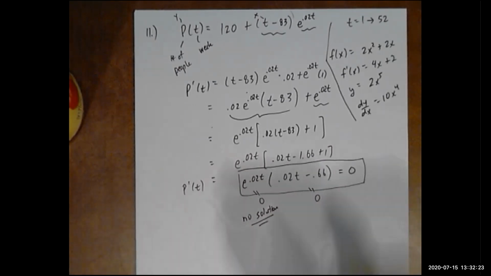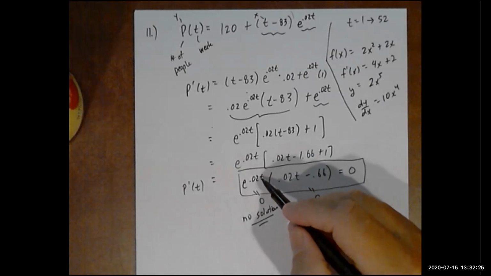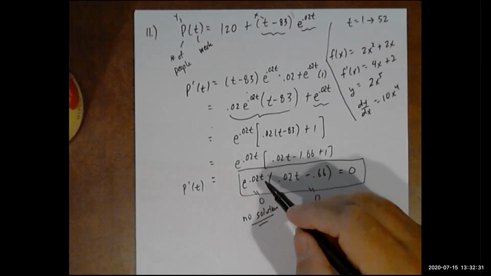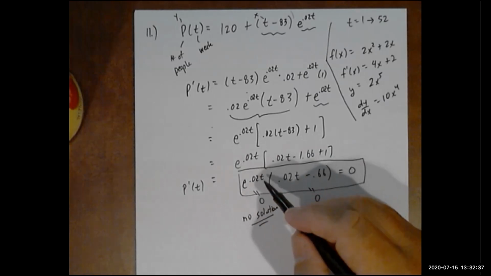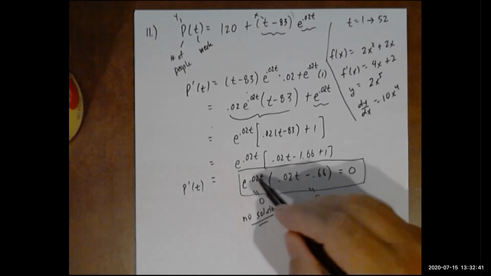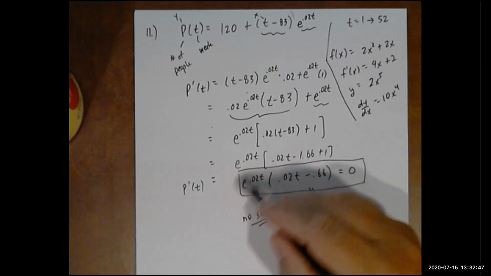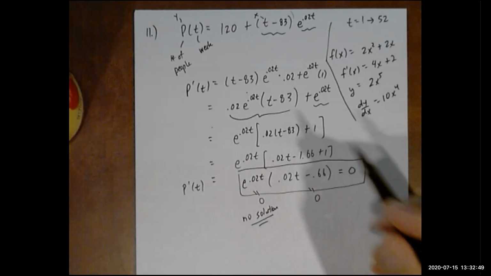There is no solution. There's no value of t that I could plug in here to cause this whole first term to equal 0. I could make it very, very small, so small you can hardly see it, but it's still never actually equal to 0. So if I'm looking to solve this equation, there's no solution from this first factor.